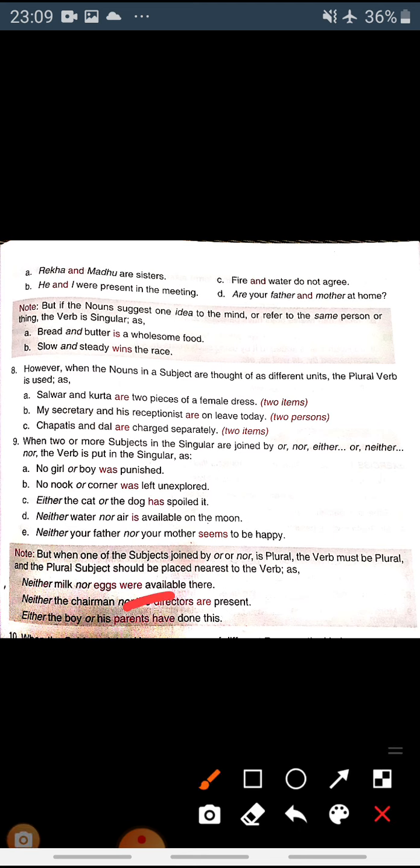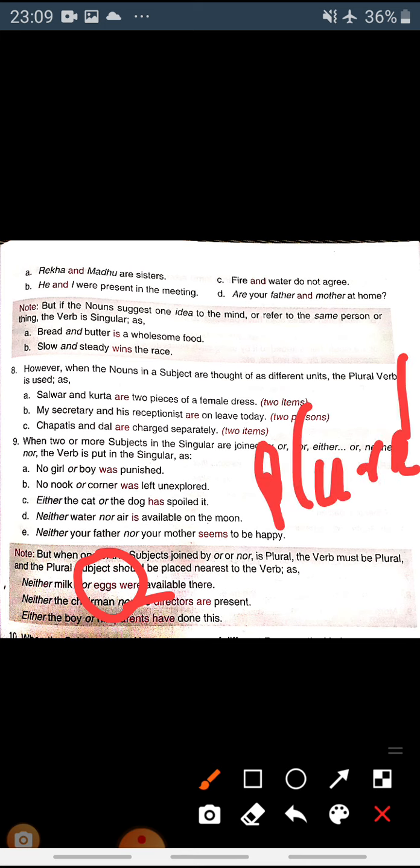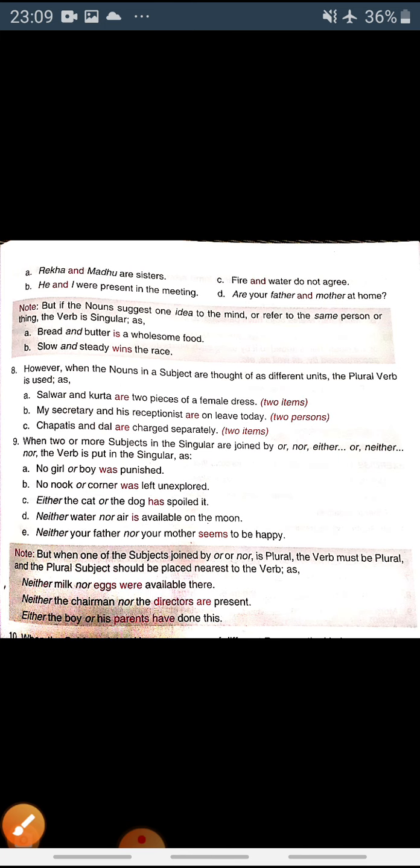Okay, see, neither milk nor eggs were available there. Now here, out of these two subjects, milk and eggs, one is plural, that is eggs. So we will use a plural verb, but the plural subject should be placed nearer to the verb. Clear, everyone?